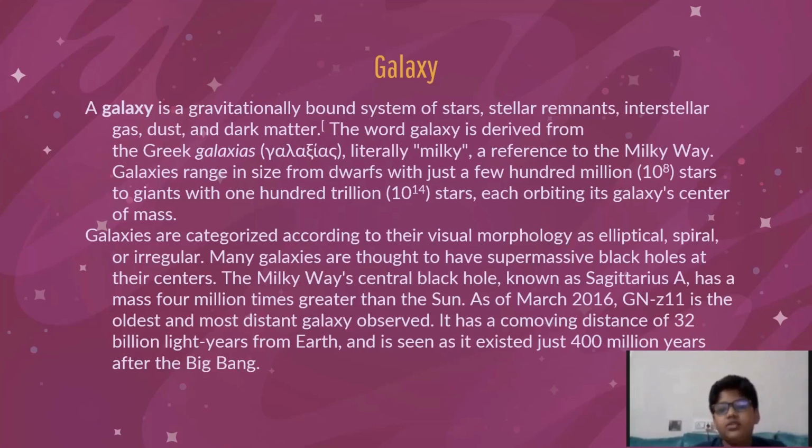As of March 2016, GN-z11 is the oldest and most distant galaxy observed. It is at a comoving distance of 32 billion light years from Earth and is seen as it existed just 400 million years after the Big Bang.